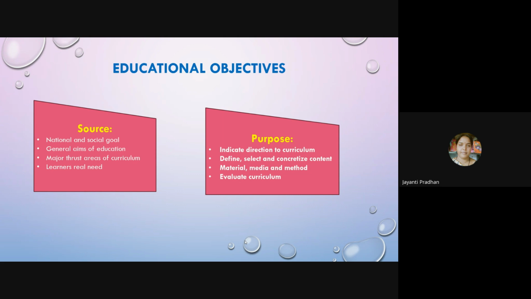And the fifth one is creativity and aesthetic. So these are the 5 domains that in sum contribute towards holistic development.